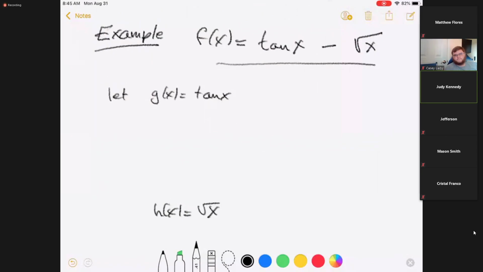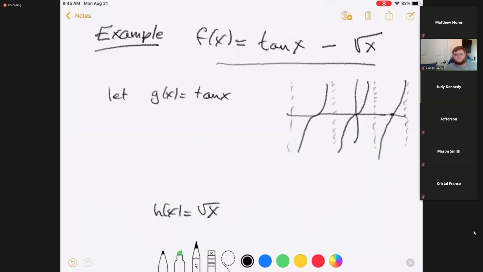The tangent of x, let me graph it for you. And I hope that you have pictures of these trig functions in your mind. They're important functions. Tangent of x, remember, has these vertical asymptotes. Anytime you have a vertical asymptote, the function is not continuous there.